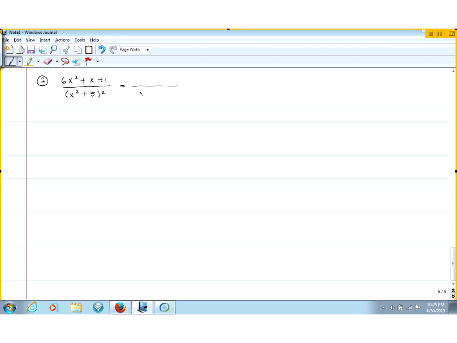Now we will rewrite the partial fraction. x squared plus 5 is quadratic, repeated, so x squared plus 5 squared. And what goes on top? Well, this is quadratic, so it's 1 degree less, so ax plus b and cx plus d.